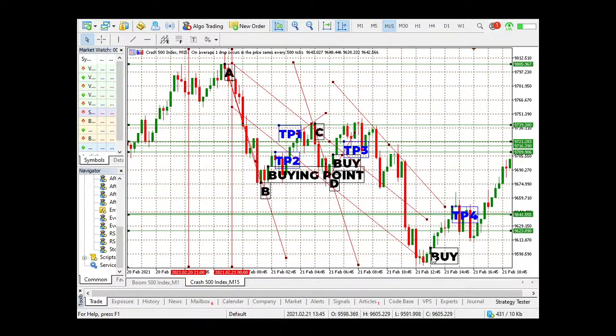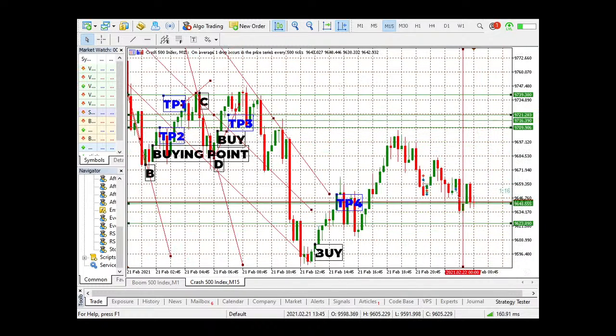Then you come in here after you see that there's a break in momentum. You see there's a small candle and there's a large one. So there's a break in momentum here. Then you buy on the green candle. Do you see that? And you set your TP between point D and your buy. You divide point D and your buy point into two, and you set your TP there.